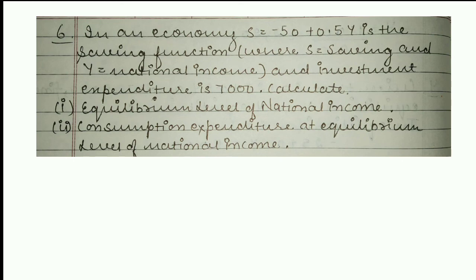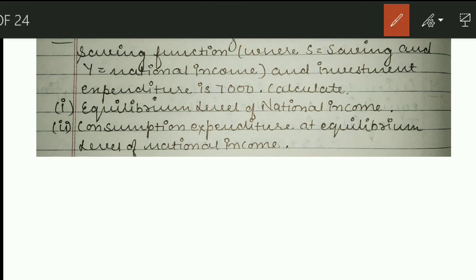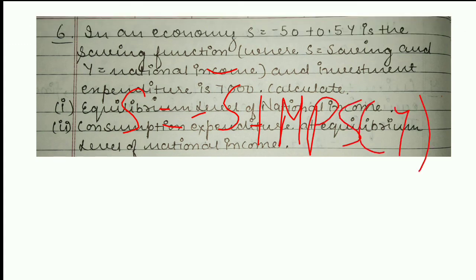The next question says in an economy saving is equal to minus 50 plus 0.5y, right? So this is the saving function which is given over here. You know that S is always equal to autonomous saving plus MPS into y. So by comparing it with this equation, you know that autonomous saving is minus 50 and MPS is 0.5, right?